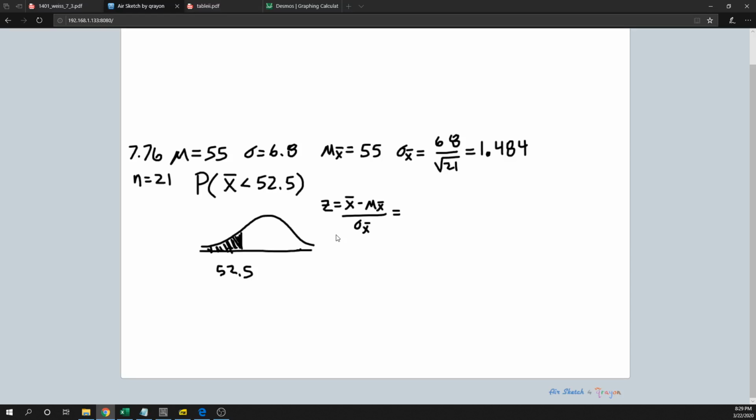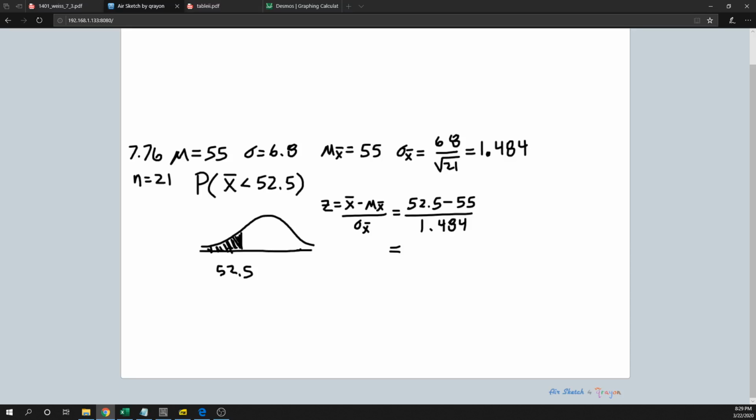All right, so it's going to be 52.5 minus 55 all over 1.484. And let's calculate that out. So it is 52.5 minus 55 divided by 1.484.